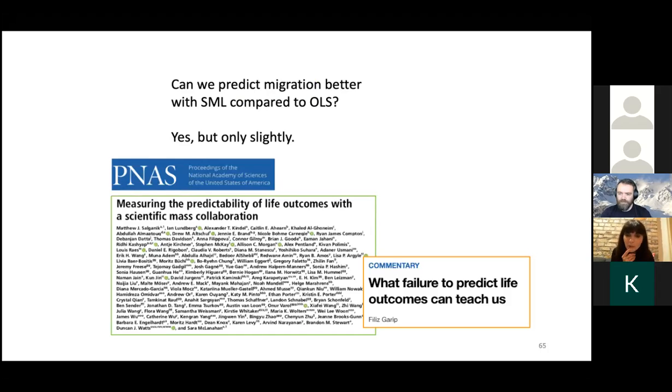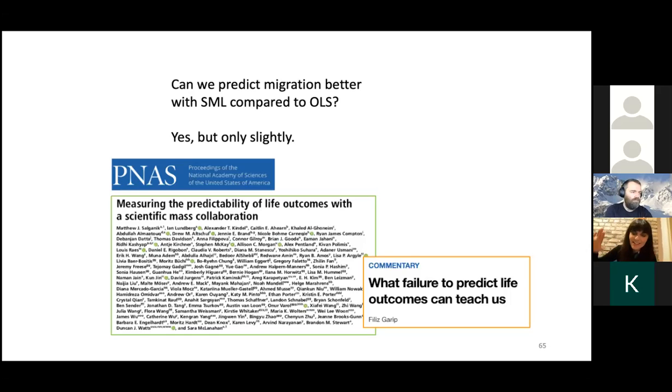And this is in line with a recent work, I'm not sure how many of you have seen, but there's a mass collaboration effort spearheaded by a sociologist, Matt Salganik. So basically they started this competition to predict life outcomes in the Fragile Families data. This is a panel survey that has been tracking the same families since, I think, 2000. And there was a new wave of the survey coming.